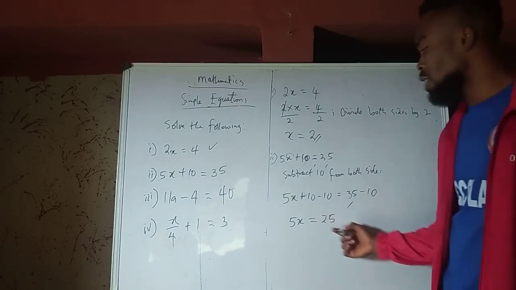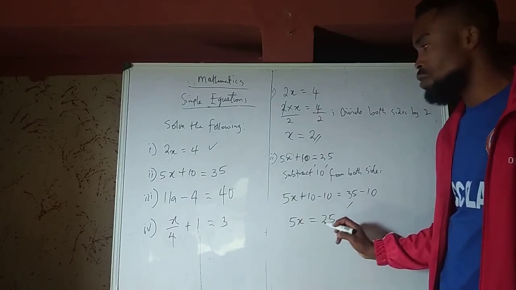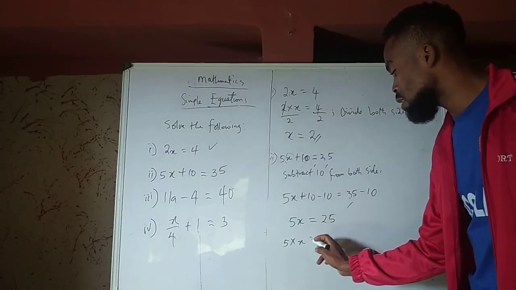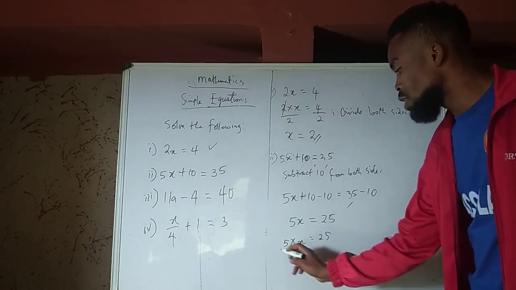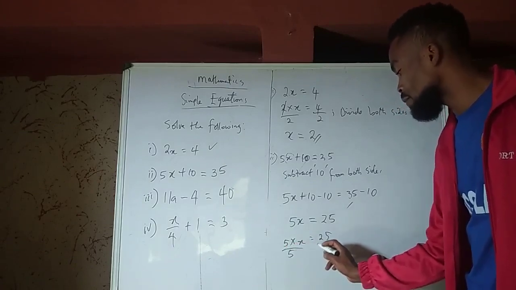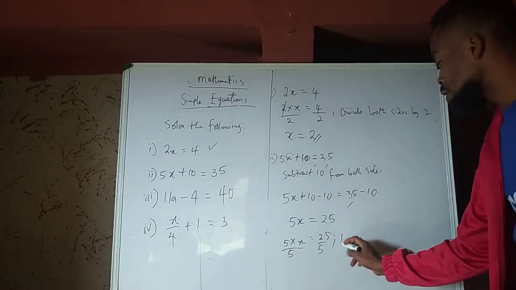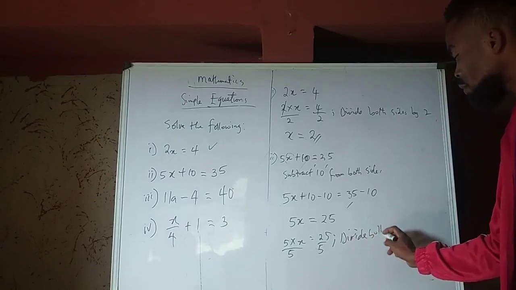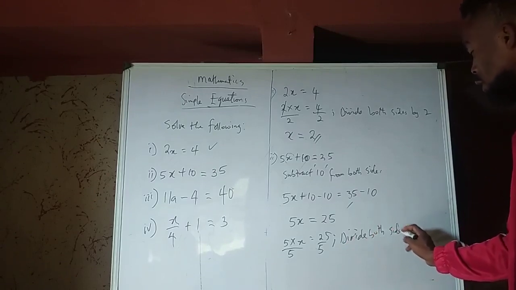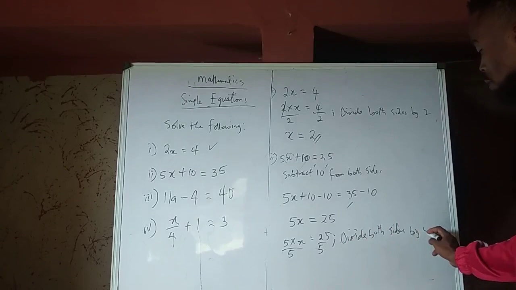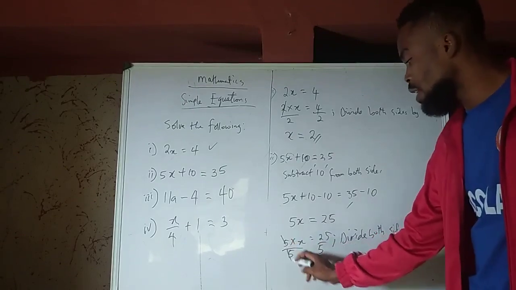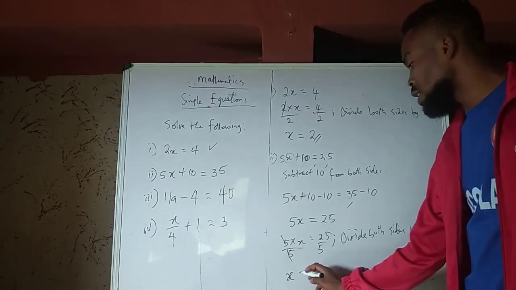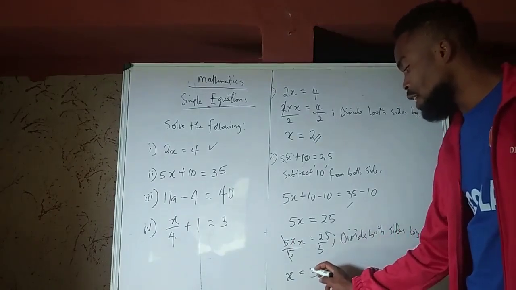Now, since we are at this point where we have 5x equals 25, that is simply saying that 5 times x is equal to 25. So if we divide both sides by 5, we are going to have 5 divided by 5 here is 1. 1 times x, we have x, equals 25 divided by 5 is 5.